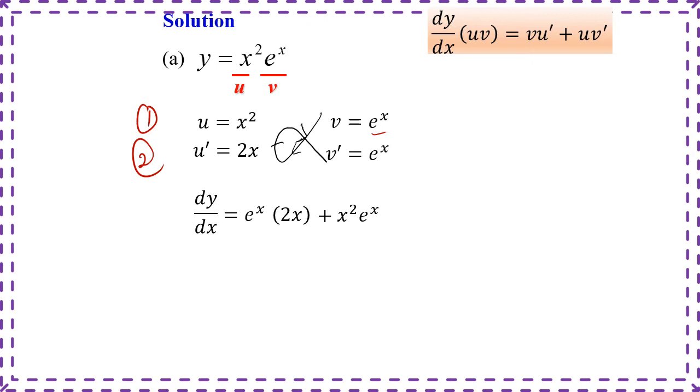Yes, we have x on both sides, and then we also have e to the power of x. So we can factorize out x e to the power of x. What's left on the first part is only 2 here, and on the right side we take out one x, so we have another x. That's why we have x plus 2 or 2 plus x, both correct. So this is our final answer for A.